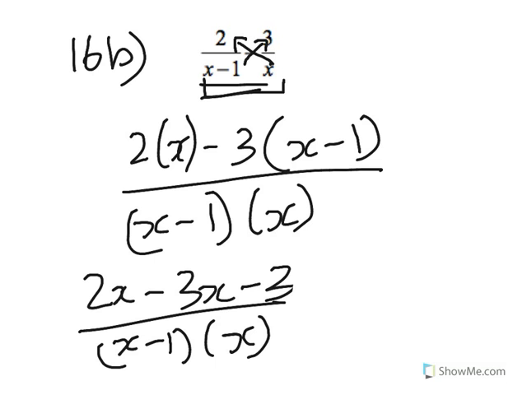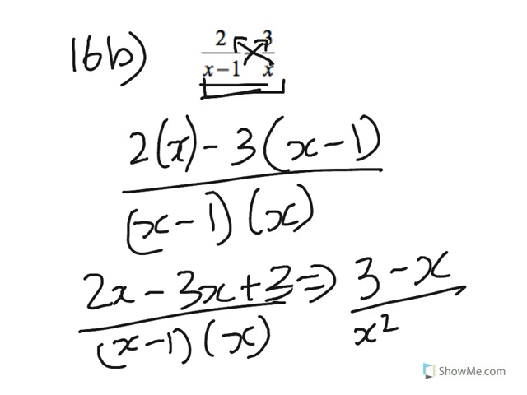Oh, I'm really sorry, but I made a small mistake here. Minus 3 times minus 1 is plus 3. So instead of the negative 3, it's a plus 3. So instead we get 2x minus 3x, which is minus x. So 3 minus x over, and we complete the bottom, we get x squared minus x. And that is the simplest it can go. You can't factorize it any further.